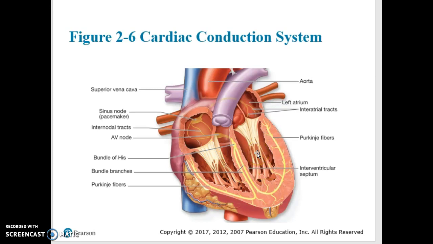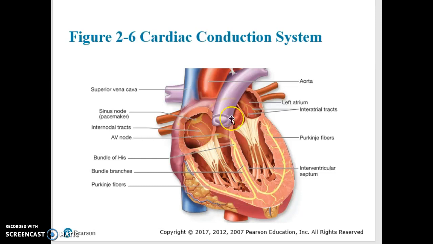The first thing that you guys need to understand is that the atria and the ventricles contract at separate times. The atria contract first, and then as they're relaxing, the ventricles kick in and they contract. So the ventricles contract at the same time the atria are relaxing.